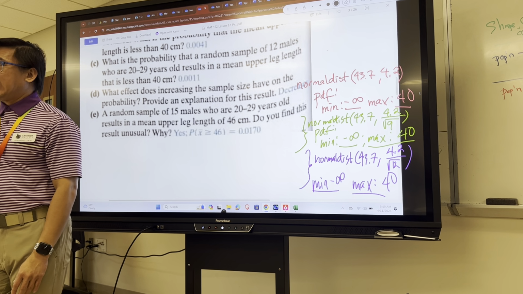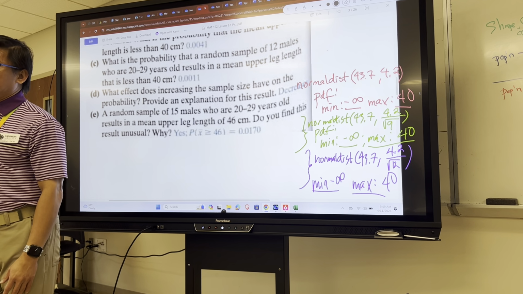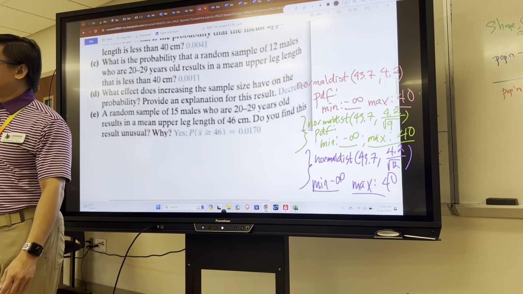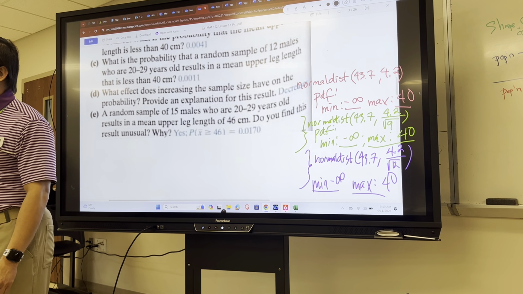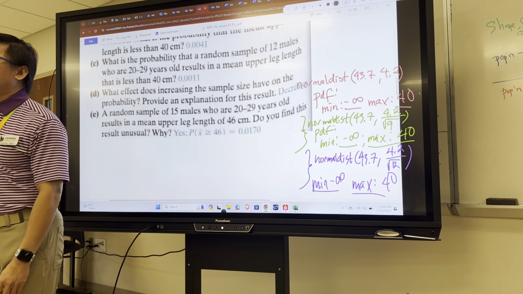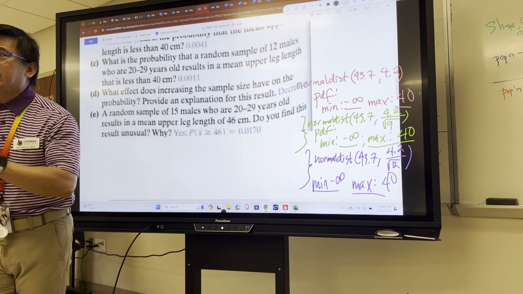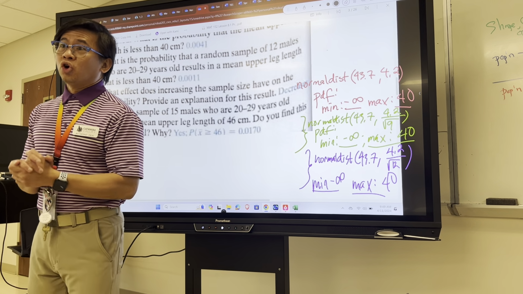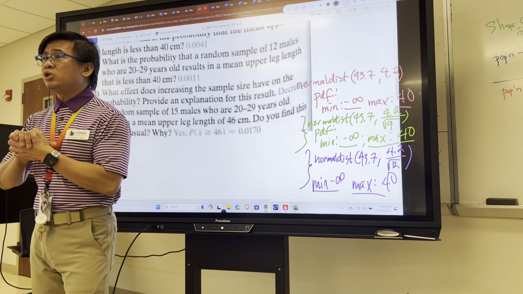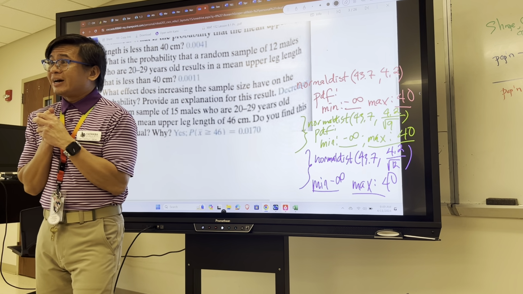How can we analyze, and can we assume normal distribution? That will be our central limit theorem, where we see how we can assume normal distribution on the sample, even if the population is not normal. It might be skewed, might be a uniform distribution, so we'll see.